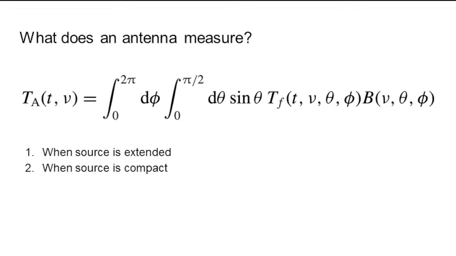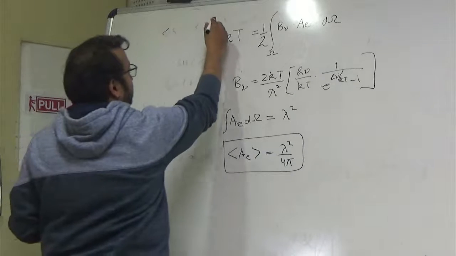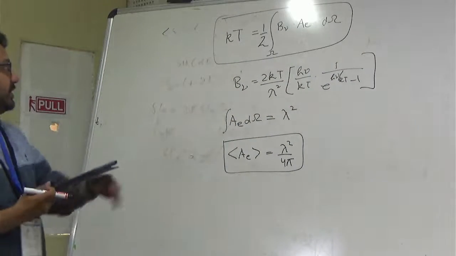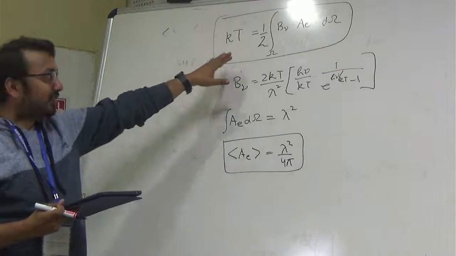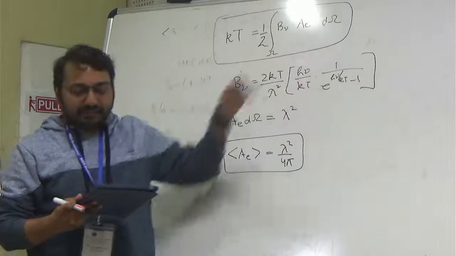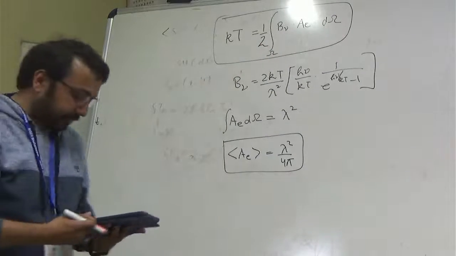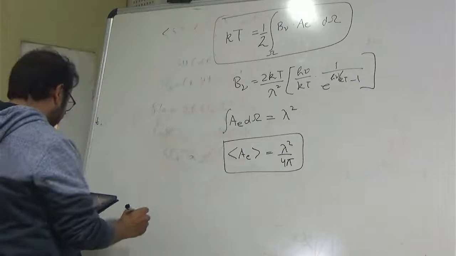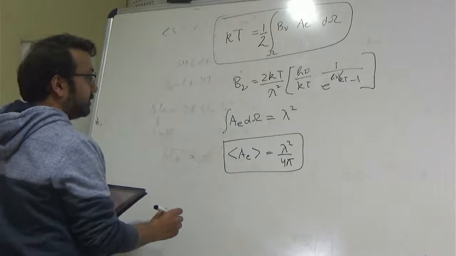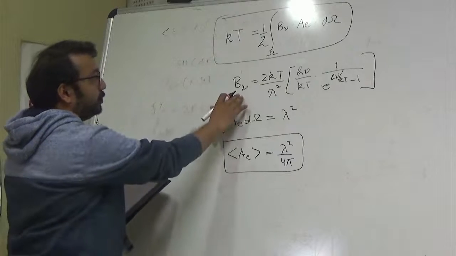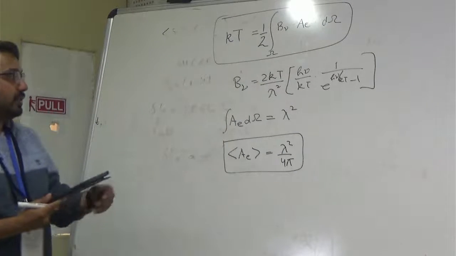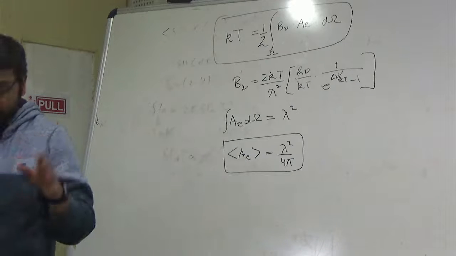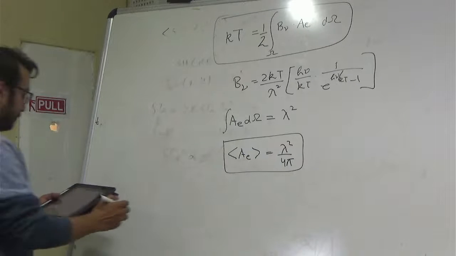So I'll again start from the same equation, this one. That is the temperature of that resistor we saw is related to the effective collecting area of the antenna. And what you can do is you can make this B nu here. So we are basically looking at again the images. You will find the following.